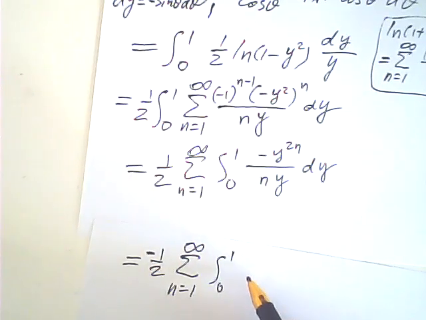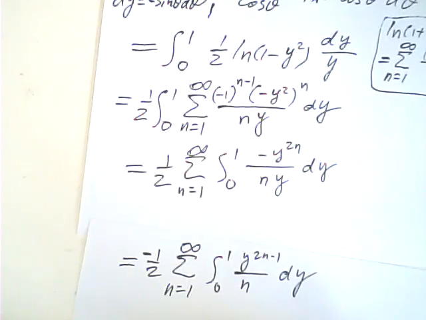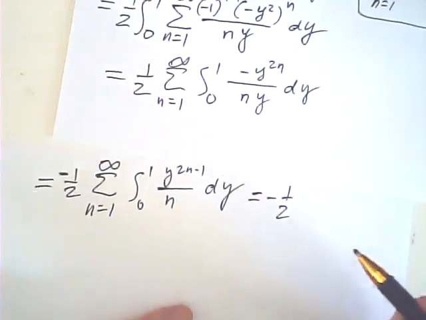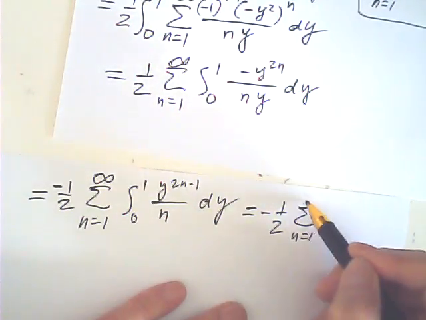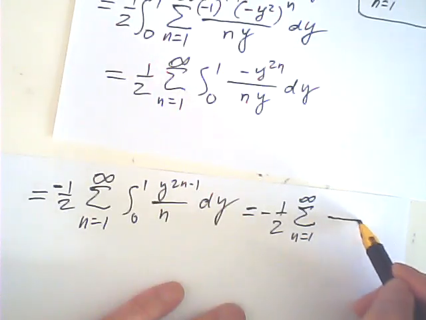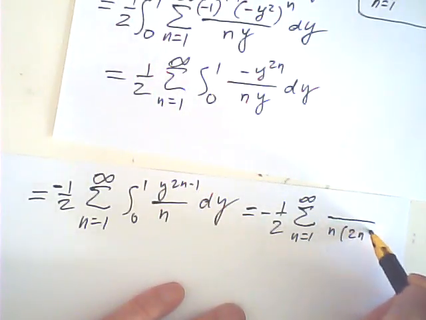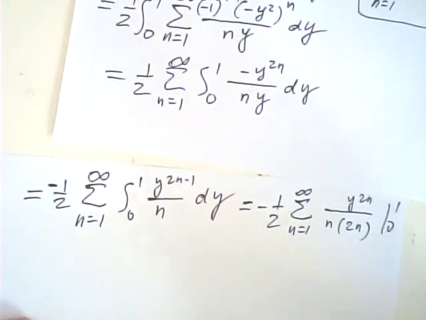So this one is equal to negative half, and sigma n equal to 1 to infinity. This integral is equal to n times 2n, right? y to the 2n, from 0 to 1. Very good.